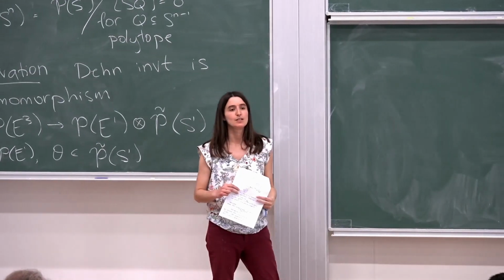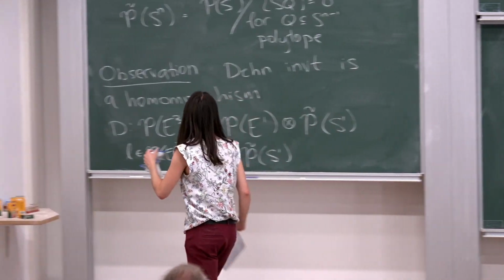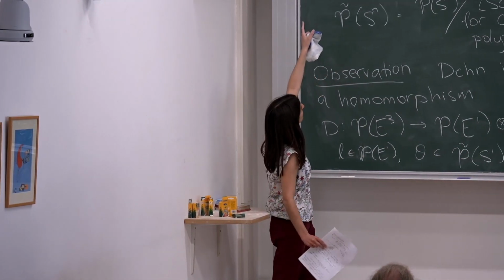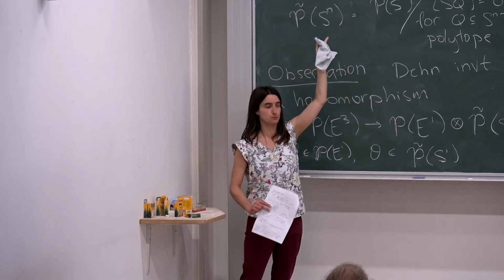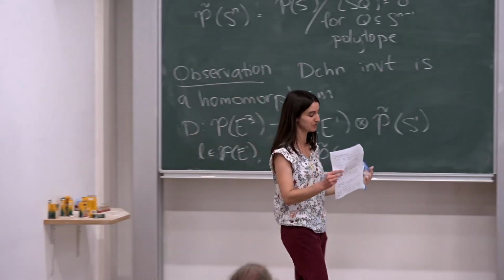Okay, so I told you about this commutative Hopf algebra structure on this sum of the reduced scissors congruence K-theory groups.